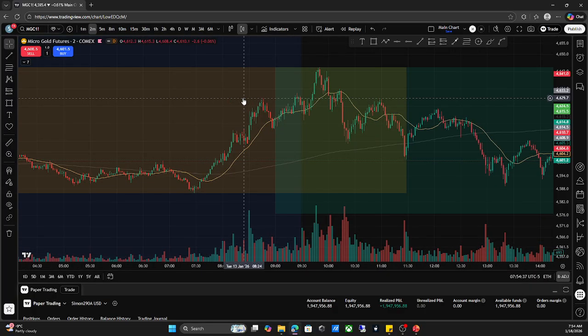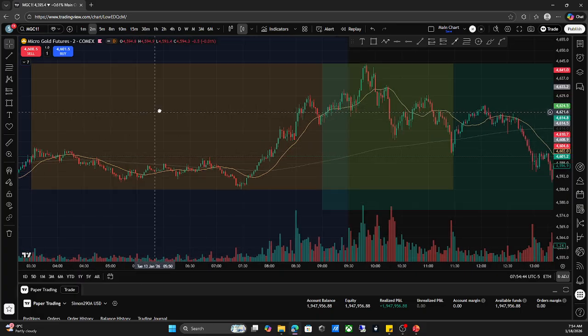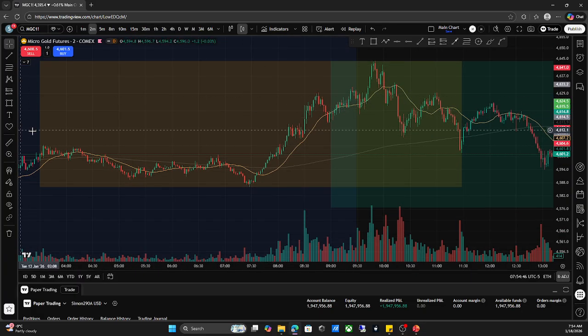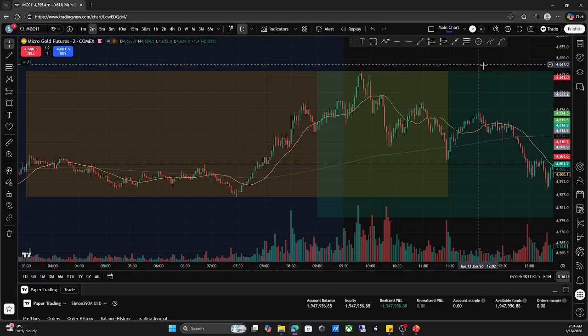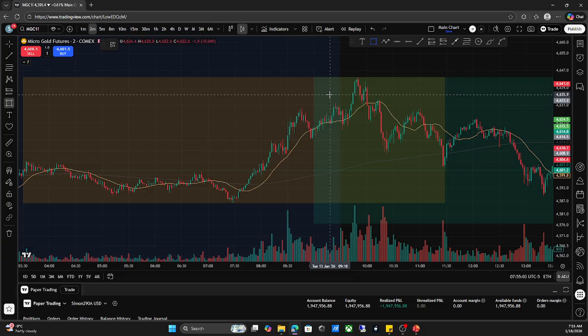It keeps retracing in between the ORBs. That's a strategy that you can use. The same strategy, but there's some tricks that you can utilize to help you trade that ranging market. But let's first get this. If we have time, we'll try to work on one.